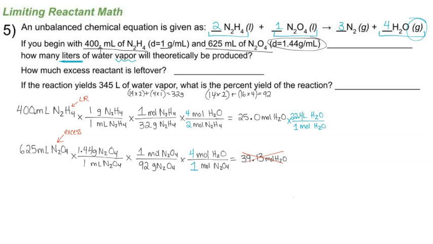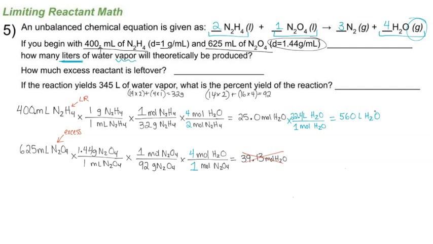Okay, so there we have it. So we'll do 25 times 22.4. 25 times 22.4 gives me 560, and that would be liters of H2O.